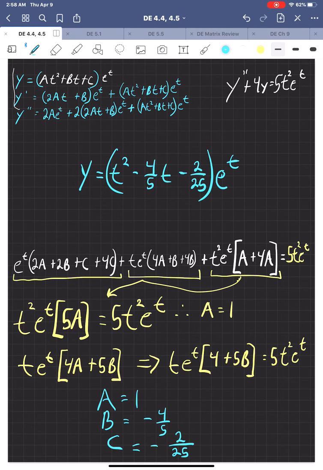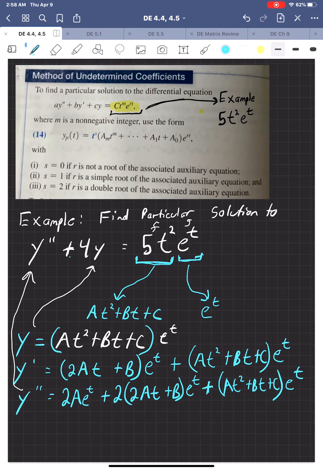We've now seen, let me go back to that previous page, how we address the setup for f of t being the product of two different functions.